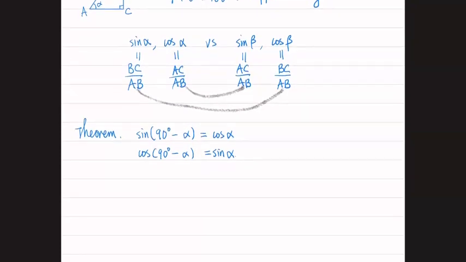Now we know sine and cosine. I will give you a few minutes to think about the rules for tangent and the cotangent. Let's figure out the formulas for these two functions for complementary angles.